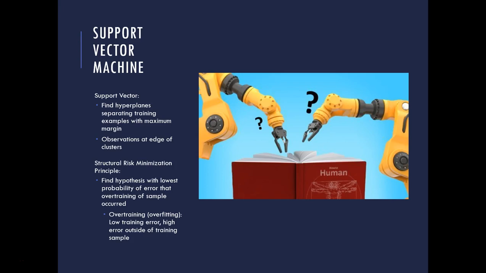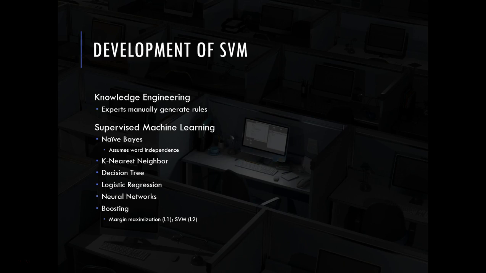So support vector machines can then separate the data into clusters, and it follows a risk minimization principle, which is to find the hypothesis with the lowest probability of error that the overtraining of the sample occurred. Overtraining is when the data is overfit, and it has a very low training error, but it ends up being pretty unreliable and typically doesn't work well when I bring in an outside data set.